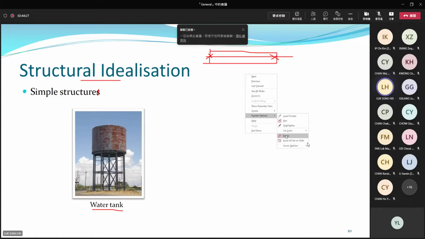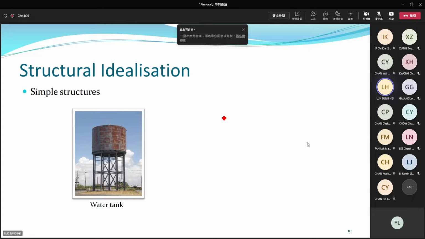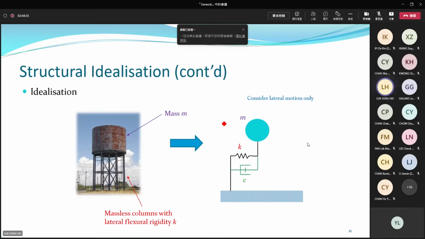For dynamics, you also need to simplify the problems to something that you can formulate. When you read any dynamic textbook, no matter which one, they always start from this ball and stick model. What is it?